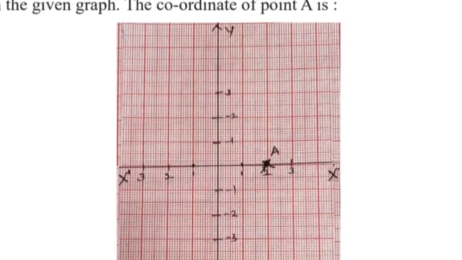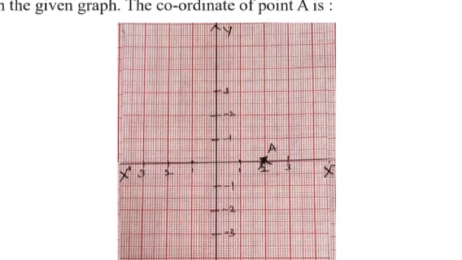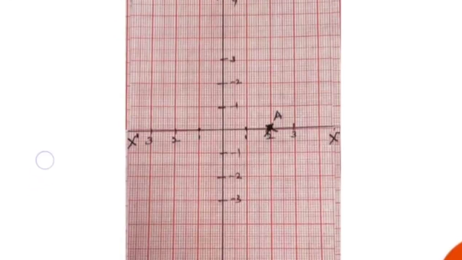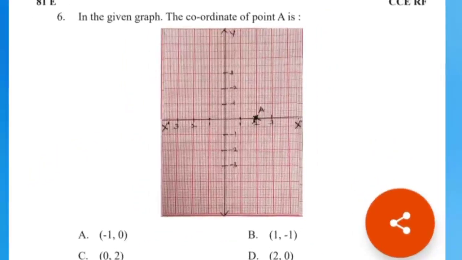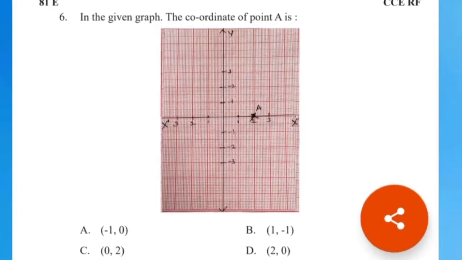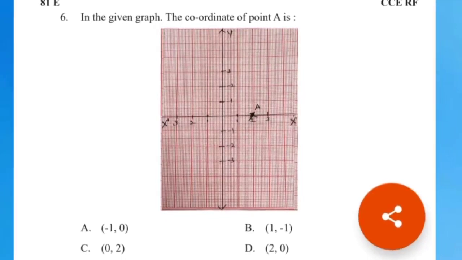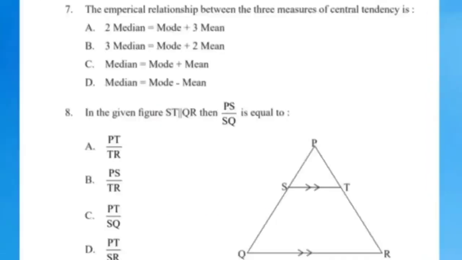The x-axis value will be 2 and the y-axis they have not mentioned, so the y-axis value will be 0. The point is on the x-axis, so the coordinates of A will be 2, 0. Therefore the D option is correct, 2, 0. So the D option you need to choose and shade. Now moving on to the next question.